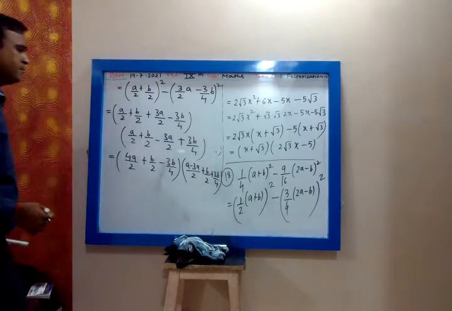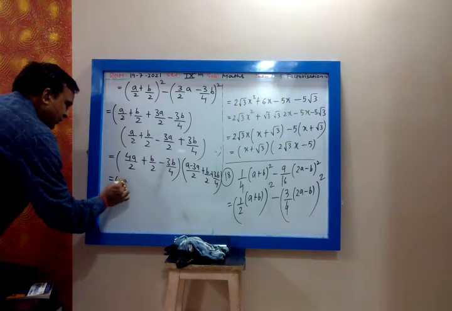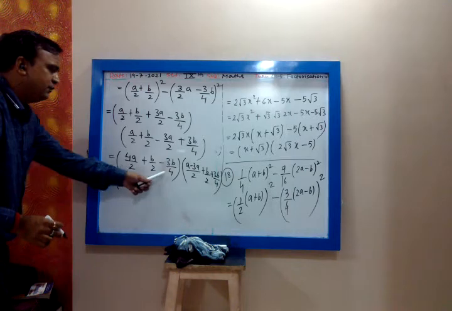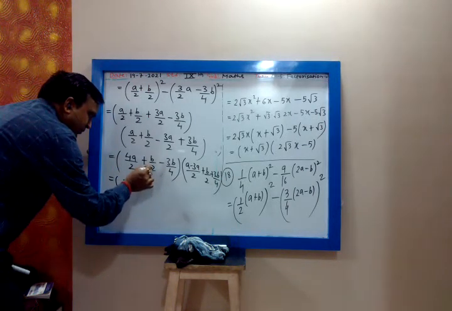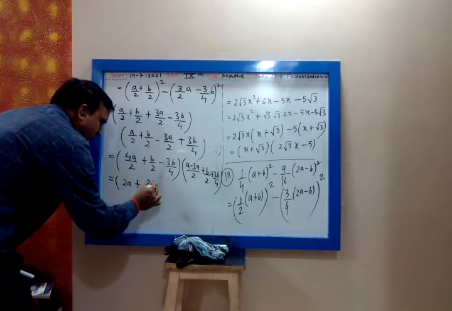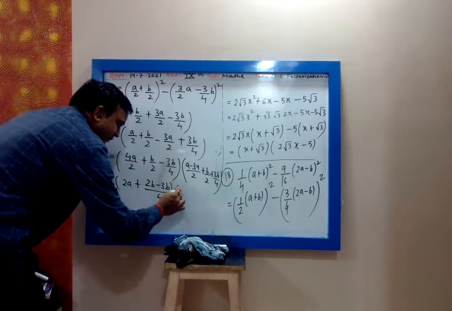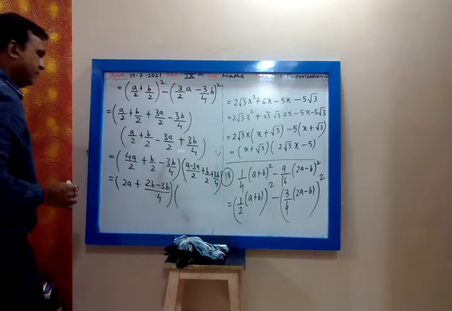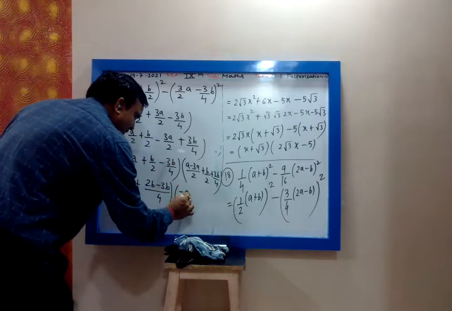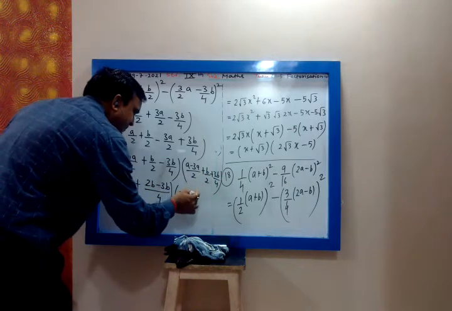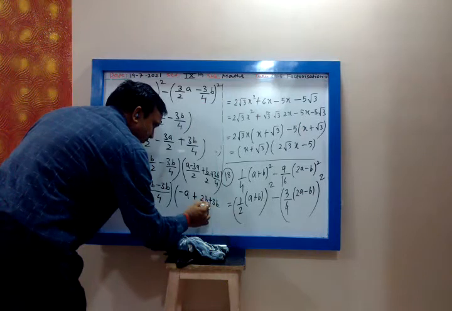Okay. So 4a by 2 is nothing but 2a. Now LCM of 2 and 4 will be 4. So this will be multiplied by 2. So 2b by 4 minus 3b by 4, and this is minus 2a by 2, that is minus a. Again you will take LCM, so that will be 2b plus 3b upon 4.